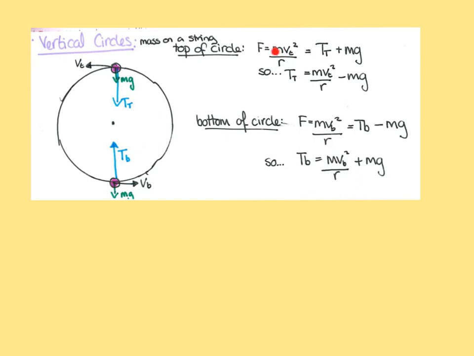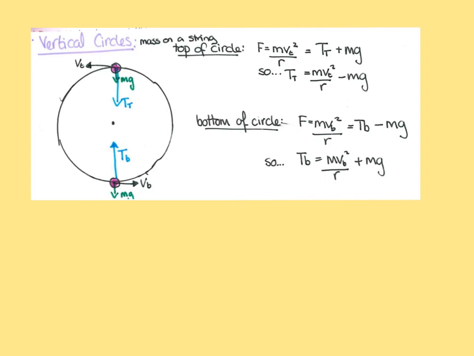So here you can see we've said m Vt squared over r is equal to tension from the top plus mg, the weight. We simplify that and we get this: the tension in the string here is equal to the mass times the velocity squared over r, minus the weight of the object.